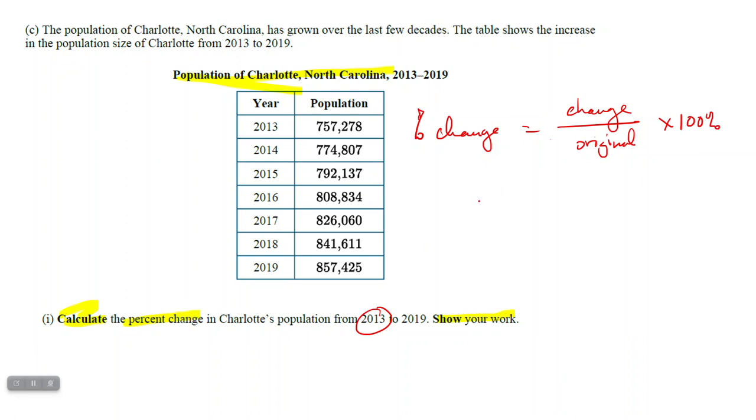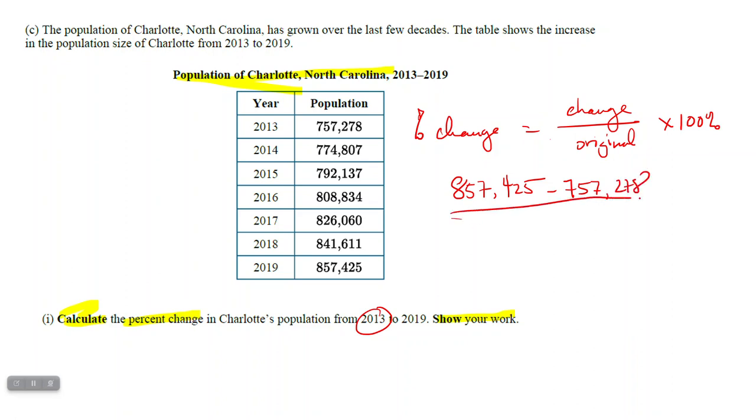So if we plug things in, what is the change in our population? Well, it's going to be 857,425 people minus the original population, which is 757,278.